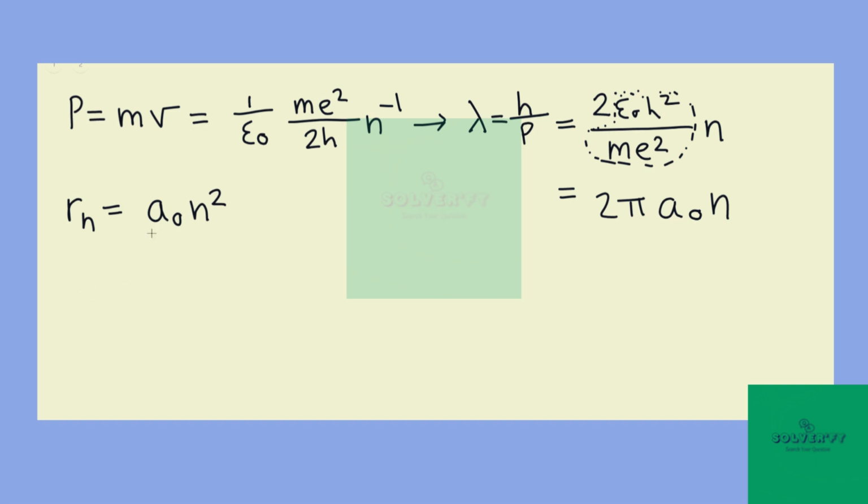At this point, we will see that for any energy level n, lambda n over R n will be 2 pi a naught n over a naught n squared.